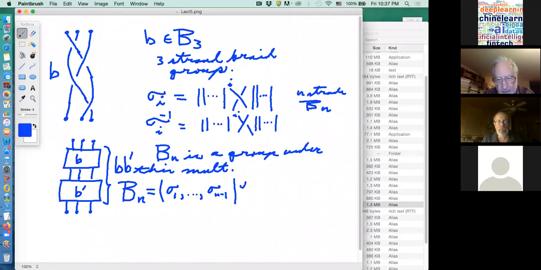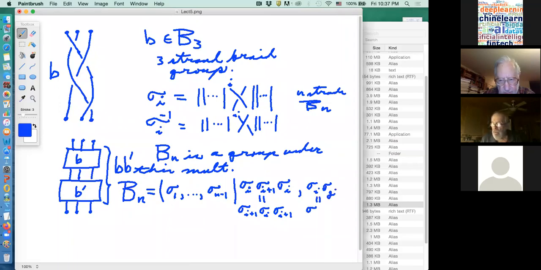But we still have the relation that we saw in the permutation group, and I'll write it the same way. Sigma i plus 1, sigma i is equal to sigma i plus 1, sigma i plus 1. And we also have that sigma i and sigma j will commute when the indices differ by more than 1.